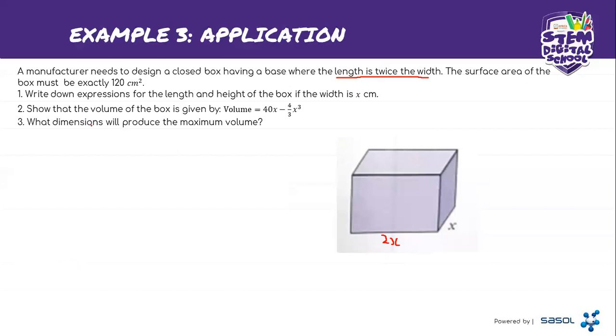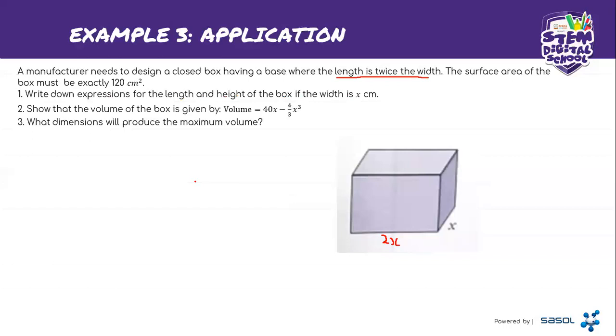All right. Now the first question: write down the expression for the length and the height of the box in terms of the width, which is x centimeters. Now, let me repeat it. For you to answer the first question, you are informed by the scenario.